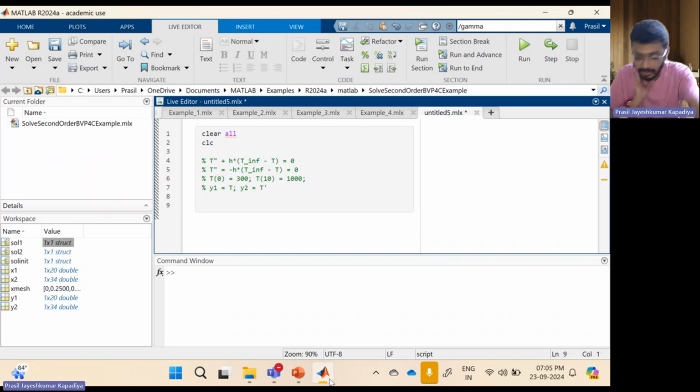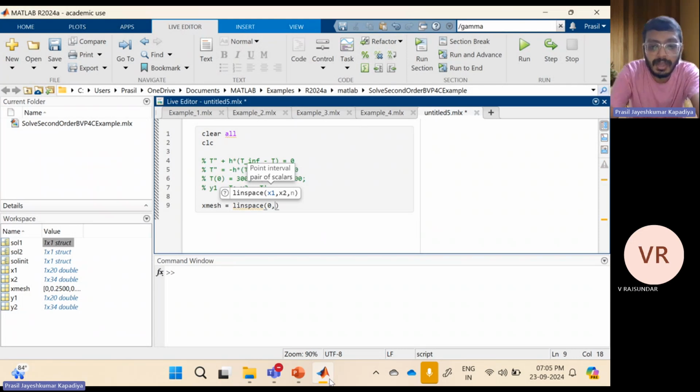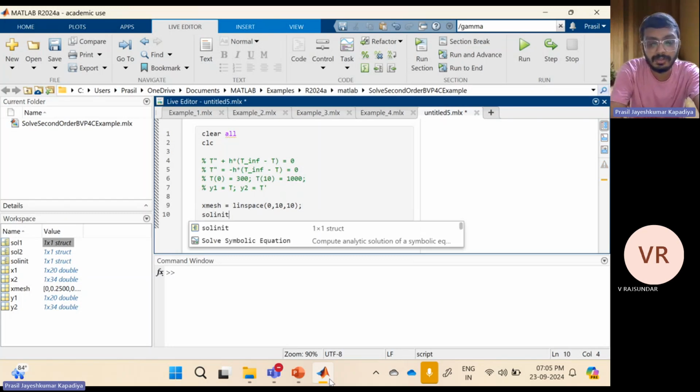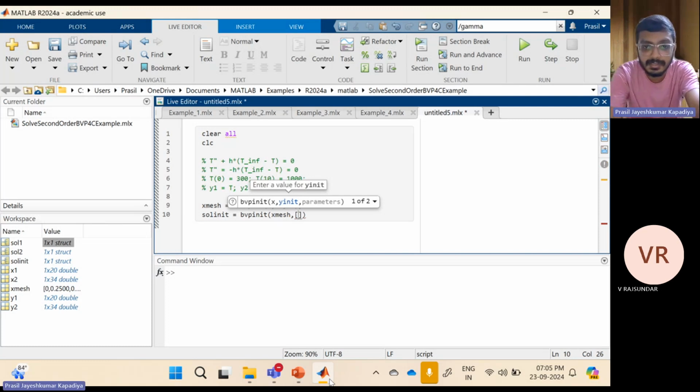Okay, so let's first write down our simple code. xmesh is equal to linspace, let's say 0 to 10. We are taking some 10 points, and solinit is equal to bvpinit of xmesh comma initial guess.